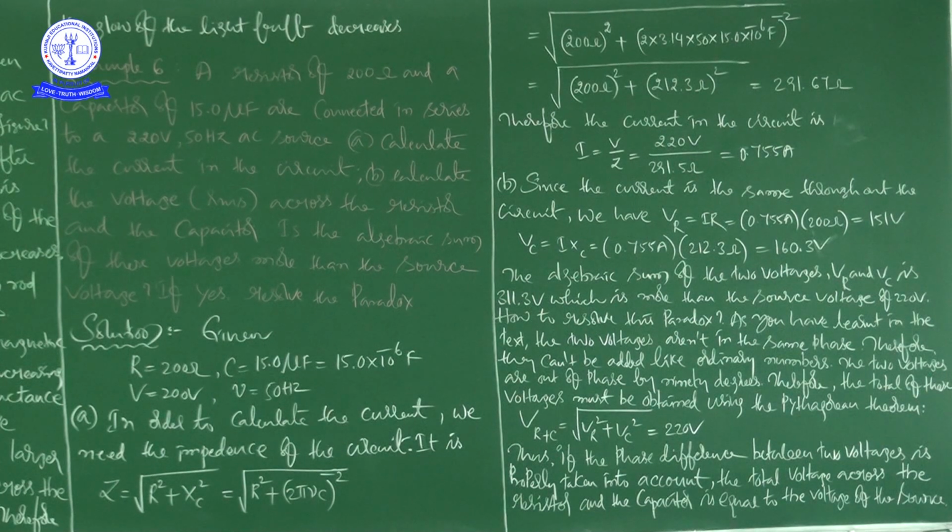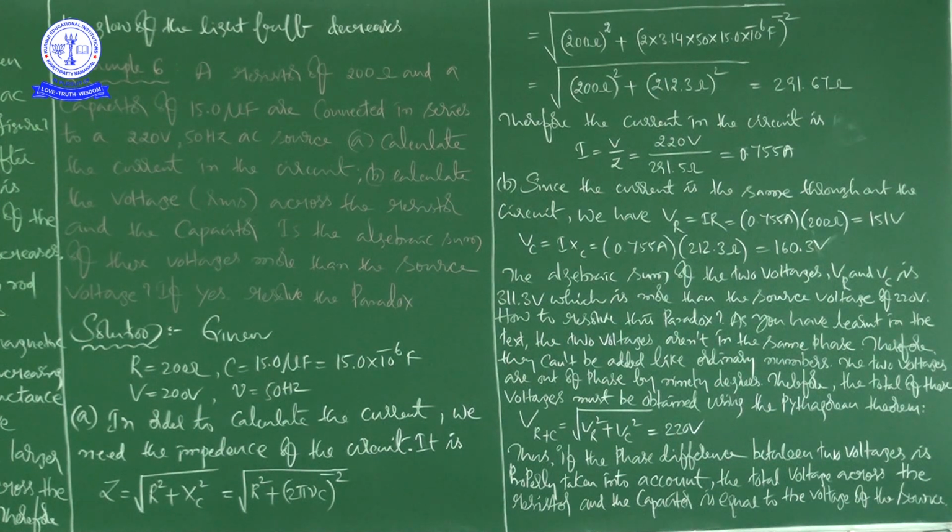Now after substituting all these things, from here to here it is a mathematical process, right? First you have to multiply the terms, and then here it is whole square, 200 square. If you complete this entire multiplication process, you will get 212.3 ohms whole square.